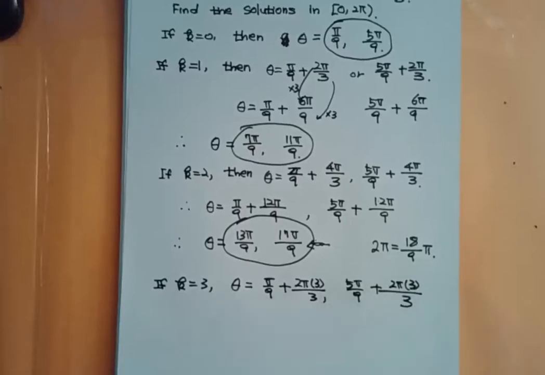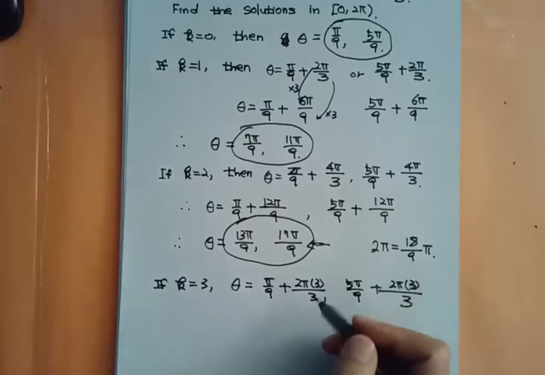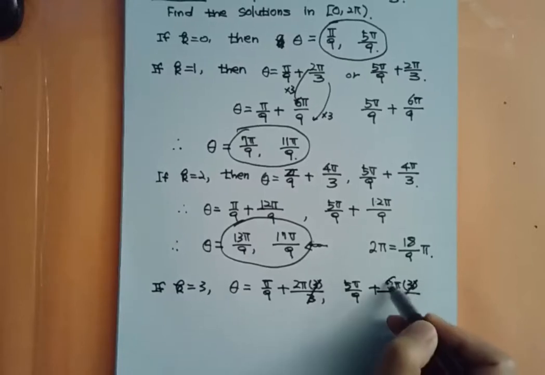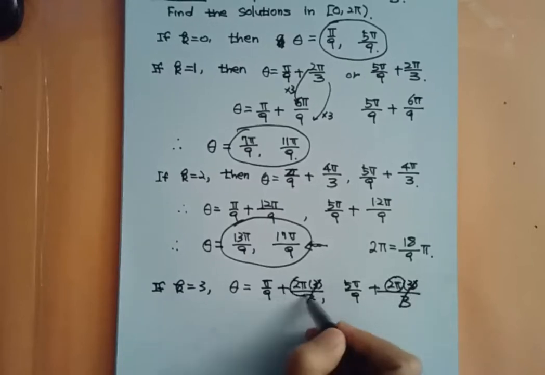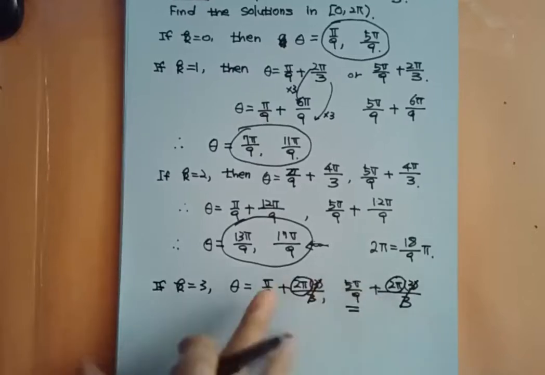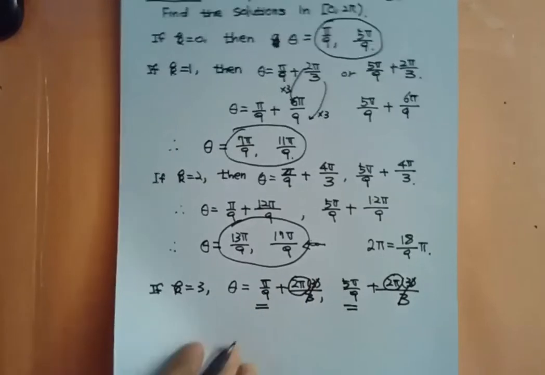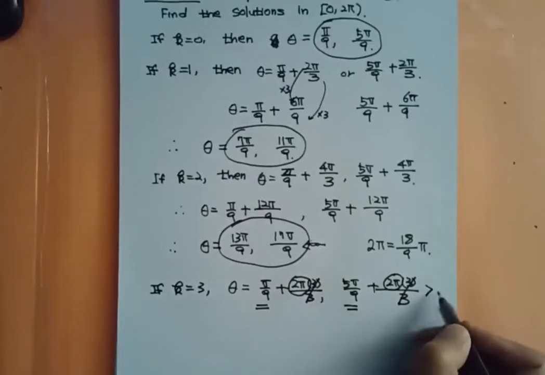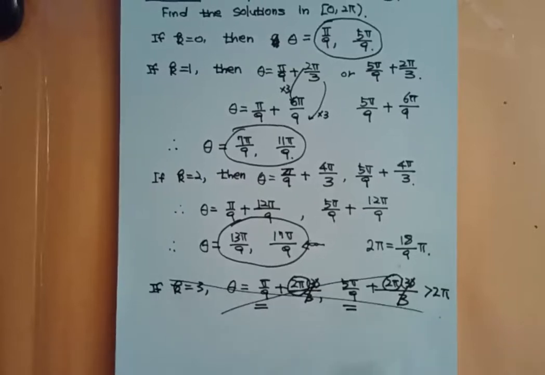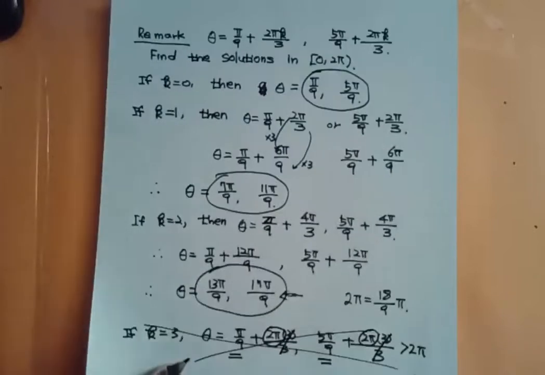And so what you see from the pattern, these two will cancel each other, and we have 2 pi here, and the positive numbers are added. So both angles are greater than 2 pi. So we don't have to think about that. And the final answers will be these 6 answers.